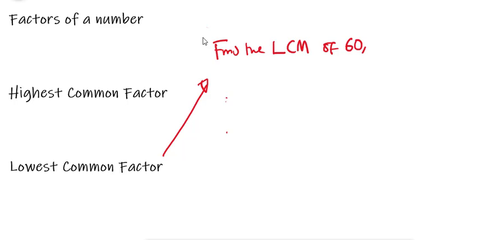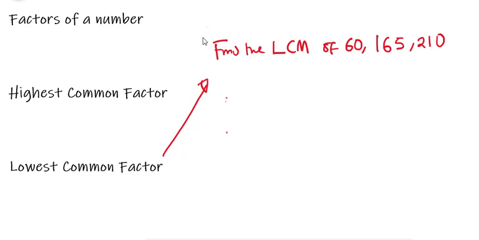Okay, so what that simply means is, I think I'll give the same example, but this time finding the LCM. So if the question says find the LCM of 60, 165, and 210.